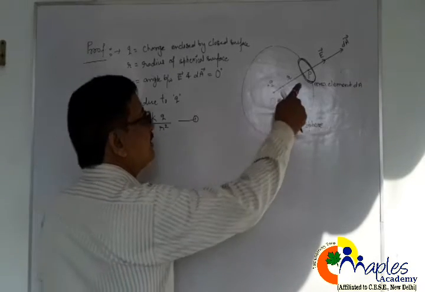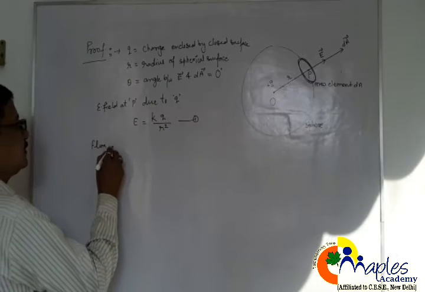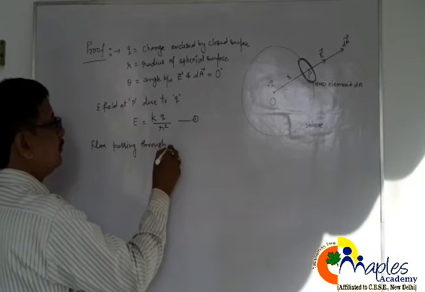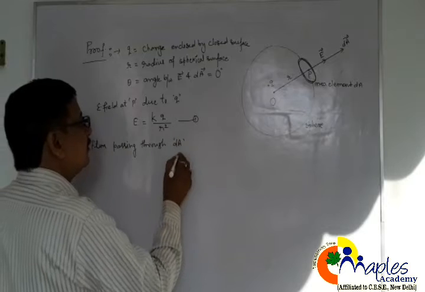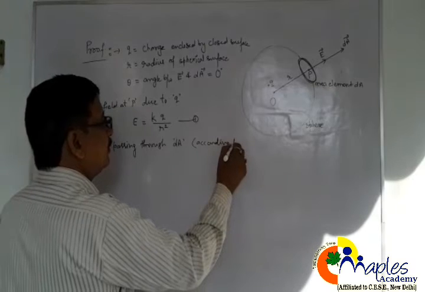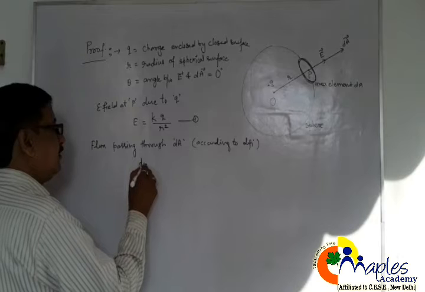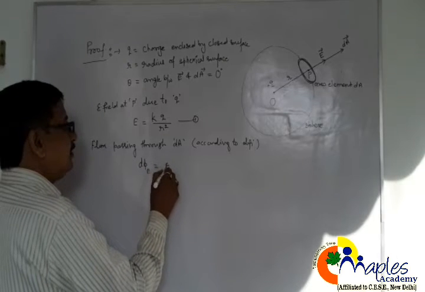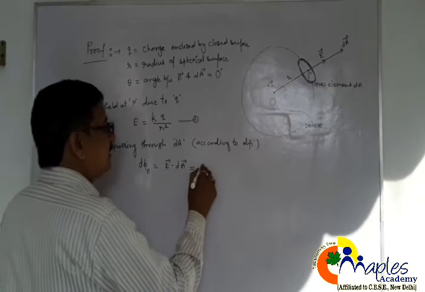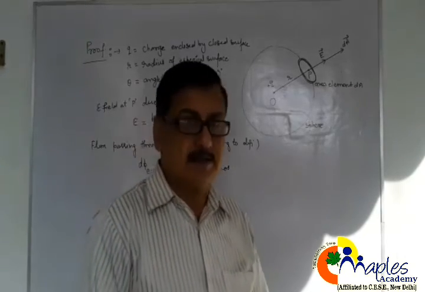Now the flux passing through this small area element, according to definition: d phi E equals E vector dot dA vector, but E dot dA equals E dA cos theta, according to the scalar product of two vectors.